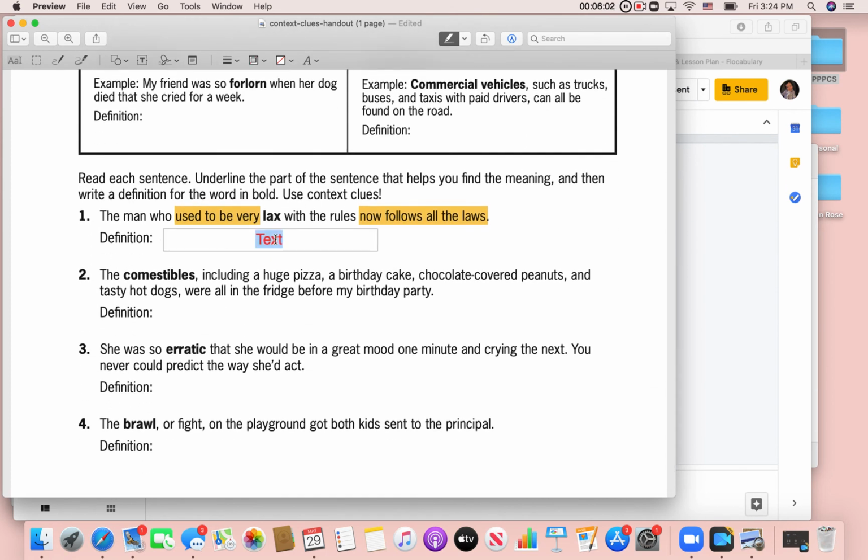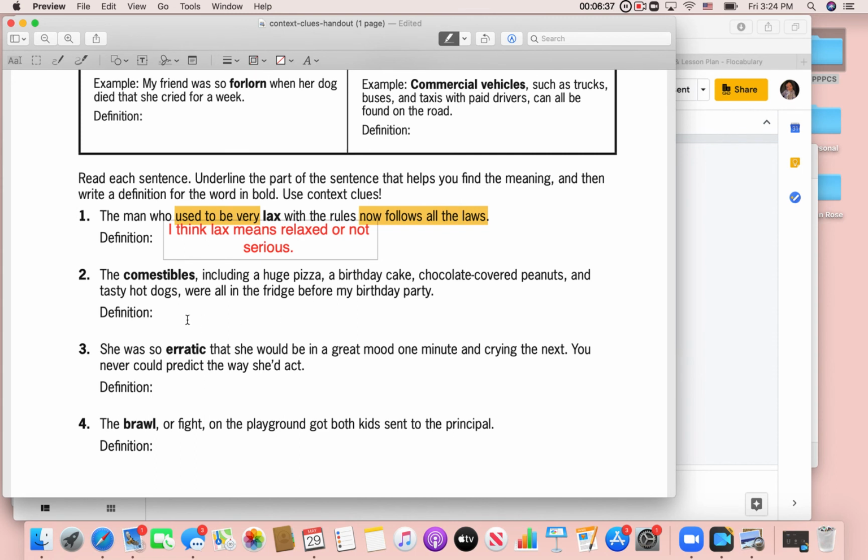So now follows all the laws is an antonym, the opposite of what they used to be like with the rules. So if they now follow all the rules, but they used to be very lax with the rules, what do you think that means? I think lax means relaxed or not serious. And we use an antonym strategy for context clues to figure that out.